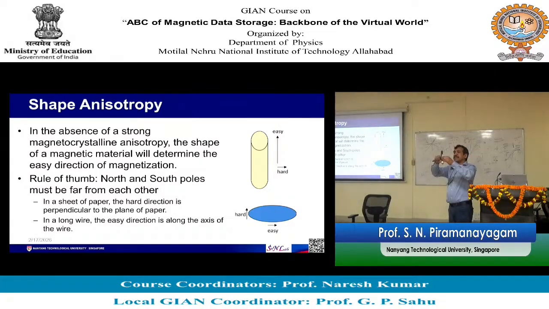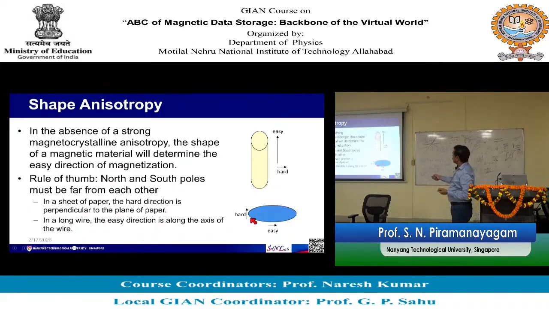So, you can see the spacing between north and south is very large. Okay. However, if I try to magnetize this along this direction, I will have north pole here, south pole here, north and south are closer. So, this is not possible. Okay, this will be the hard direction, this will be the easy direction. Okay, so that's what I have tried to show here.